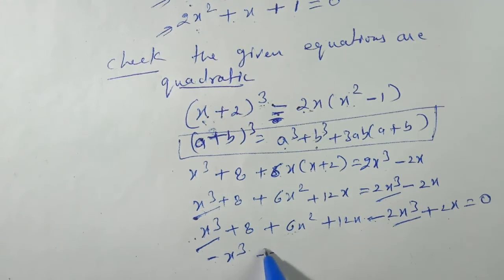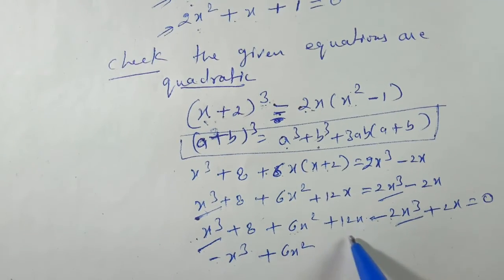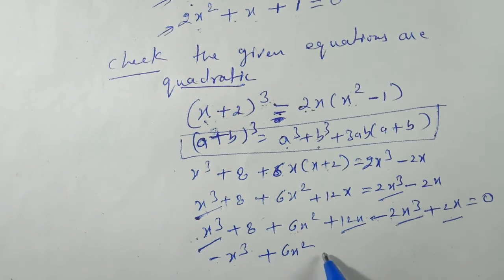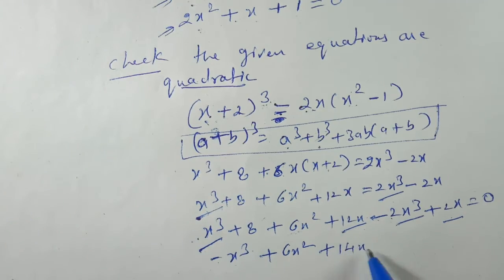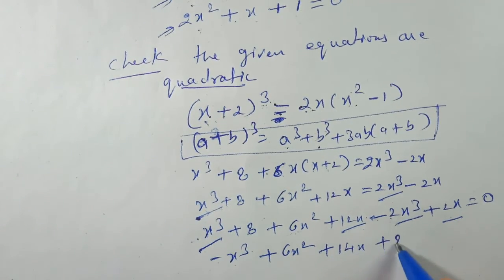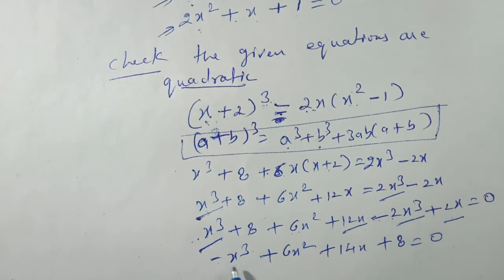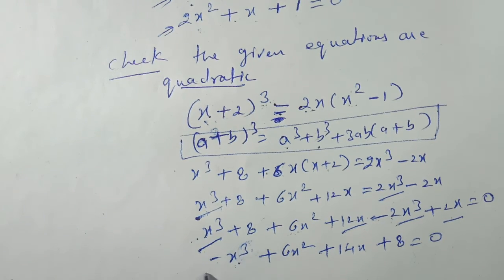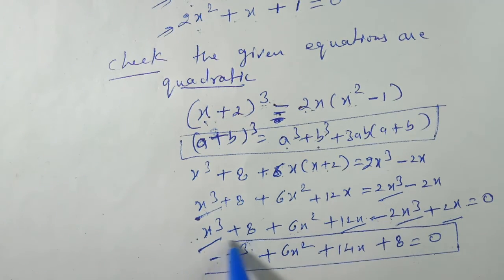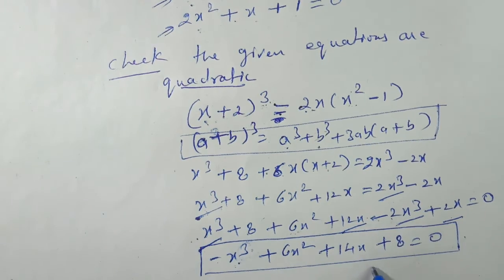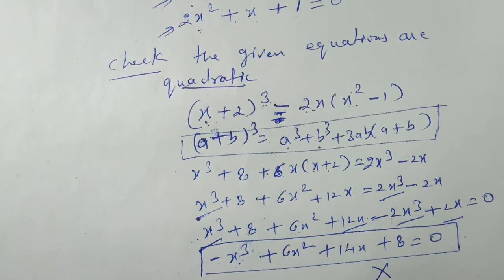X square we have only one term, x term we have 2, so plus 14x, and then the term without variable. Since it has the highest power as 3, the degree of this polynomial is 3. So on the basis of 3 it is not quadratic. We will say it is not quadratic.